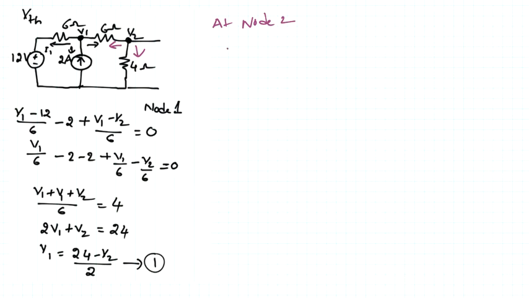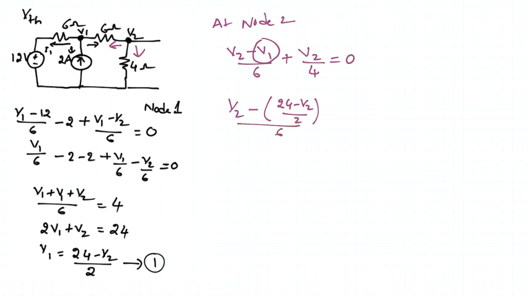So I am writing those currents, (V2 minus V1) by 6 plus V2 by 4 is equal to 0. Now I am substituting the V1 over here. So (V2 minus (24 plus V2) by 2) whole divided by 6 plus V2 by 4 is equal to 0.